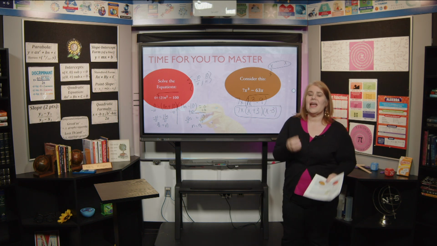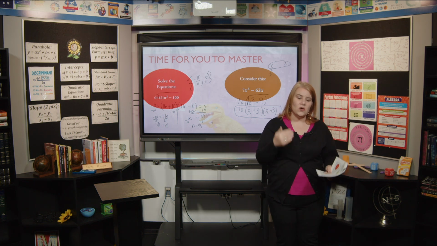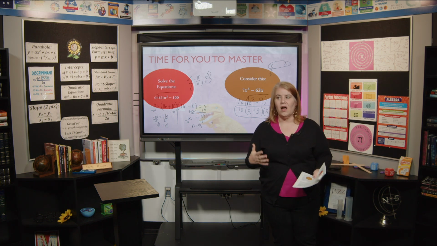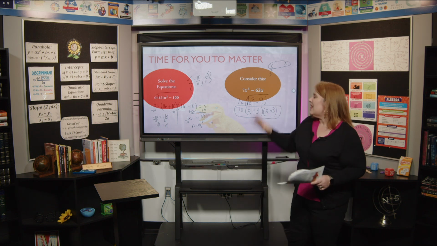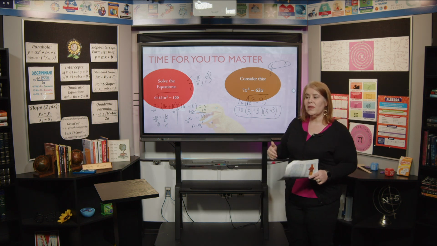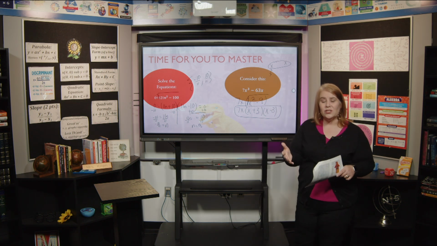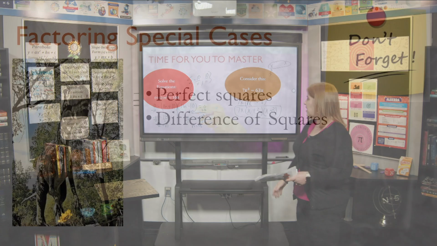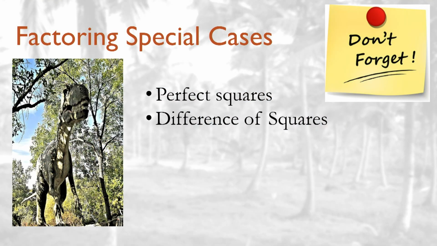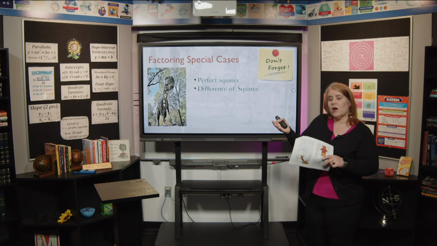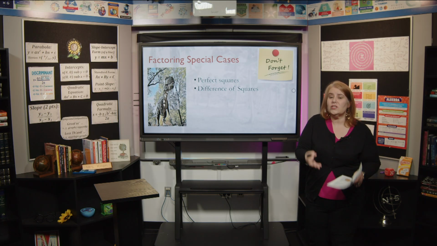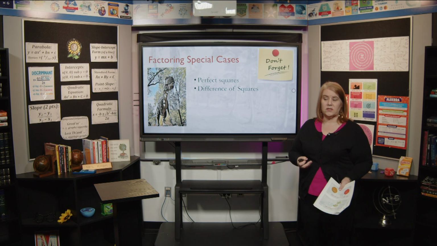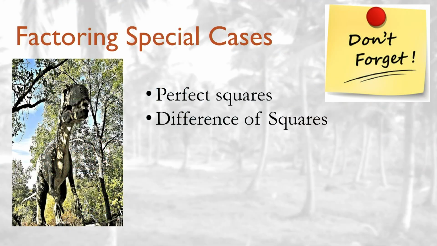So when I say make sure that you're paying attention to the questions, get all the knowledge and all the information you can out of these questions, this is a very good example of showing us the questions can help guide you to the answer they want. Good job. Those are good questions. Factoring special cases, we need to remember we've got our difference of squares, we've got our perfect squares, depending on what our question asks us, depending on what we're going to do with those difference of squares or perfect squares. So these are the two special cases that we have to remember.